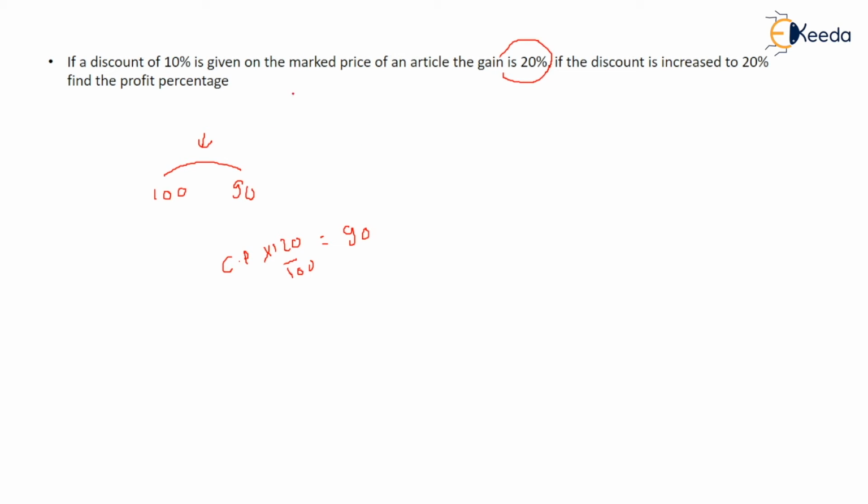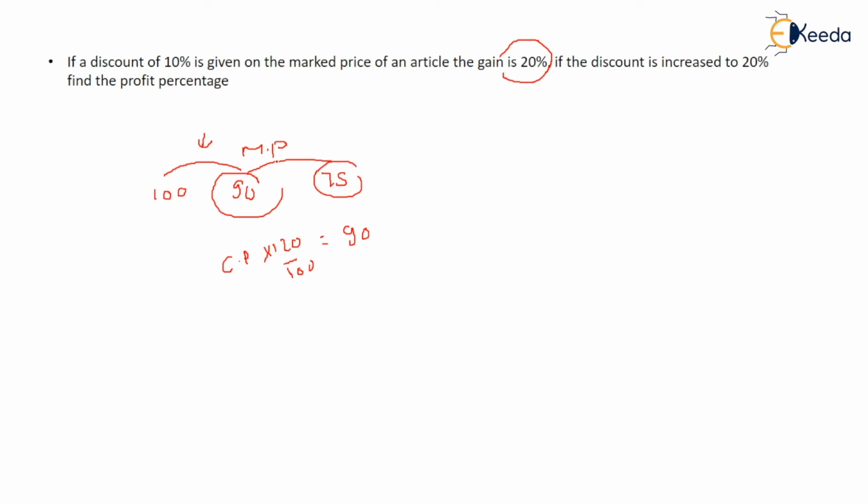If a discount of 10% is given on the marked price of an article, it comes out to be 90, but the gain is still 20%. So gain means CP into 20% gain, and the price now is 90. So the actual cost price of the article is 75, right? And the marked price is 100.